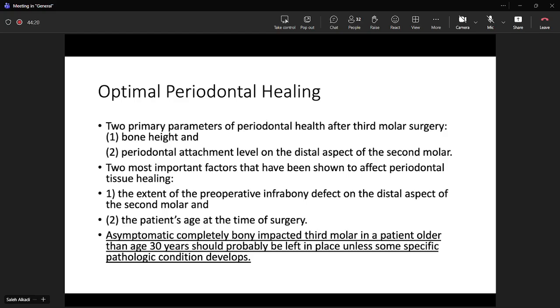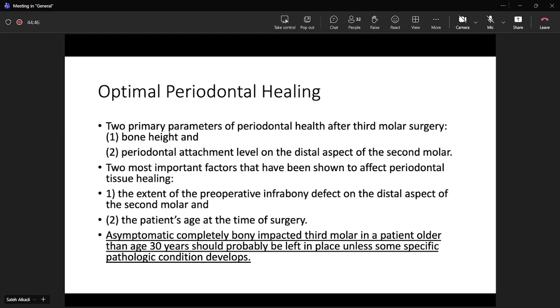These are the bone height and the periodontal attachment level, the PDL level, at the distal aspect of the second molar. And the two most important factors that affect these parameters, and therefore the periodontal healing, are the extent of the preoperative infrabony defect at the distal aspect of the second molar before the surgery and the patient's age at the time of surgery.